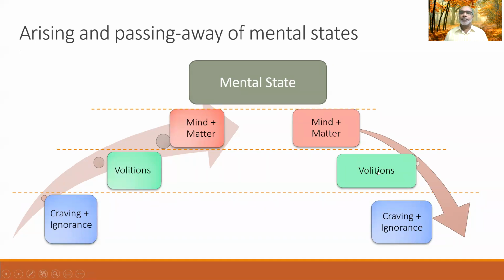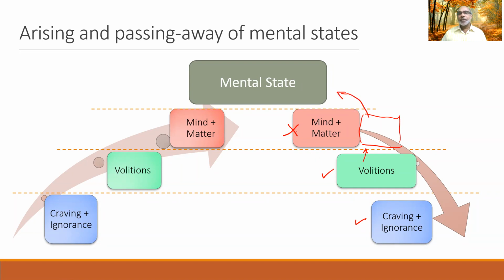With the same volitional force, a new mind will generate with the same mental state. So likewise, you can understand that at each level, when, for example, this is removed without removing these two, then due to the force of the same volition, a similar mind plus matter will arise, and the same mental state will prevail in that mind as well.